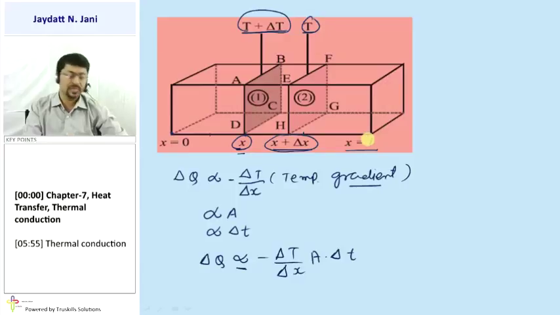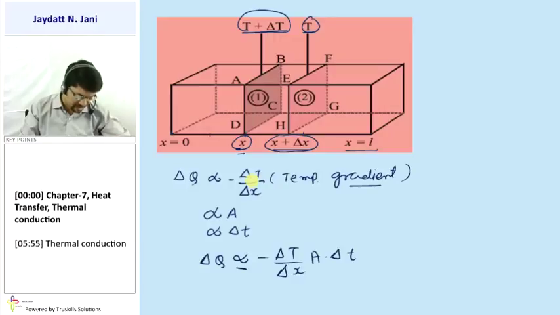So here we can see that delta Q is proportional to minus delta T by delta x, and whenever we consider any quantity changing with respect to length, that is called a gradient, here the temperature gradient. The minus sign shows that as we cover distance, the temperature value decreases.